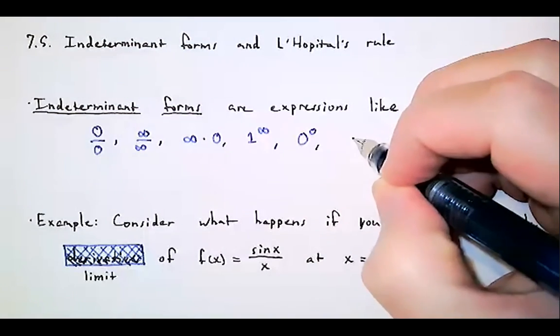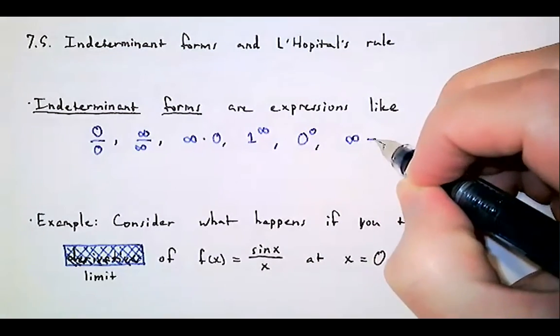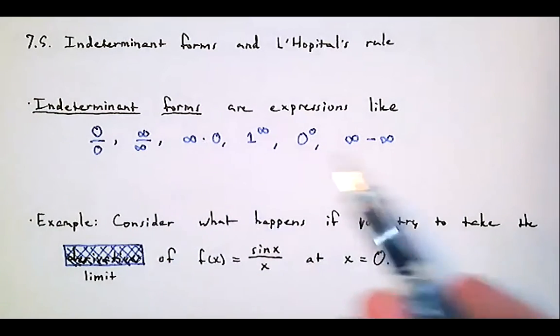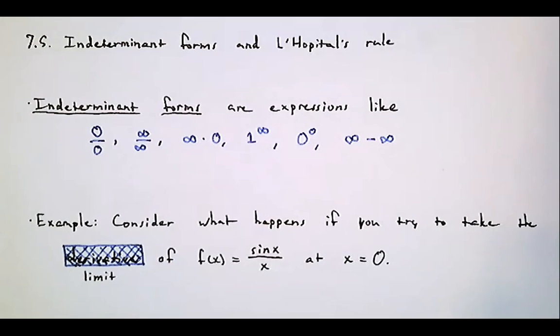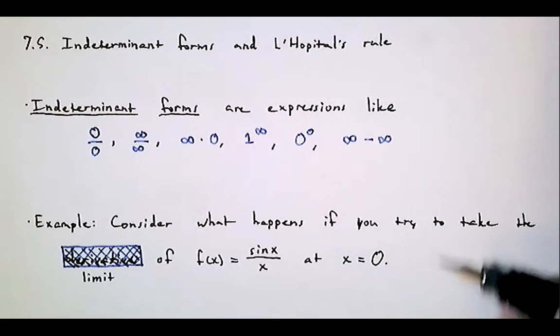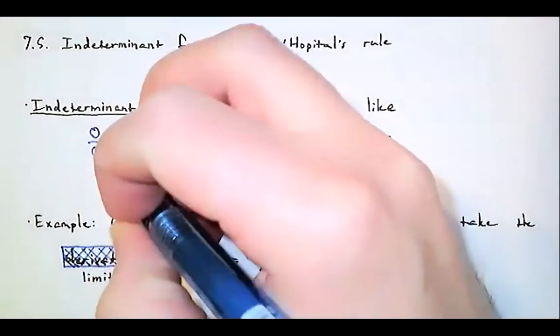And one more. You might see infinity minus infinity. And you probably ran across a few of these in Calculus 1 when you were doing limits. But the thing about all of these expressions is that they look like numbers, but they aren't actually numbers.